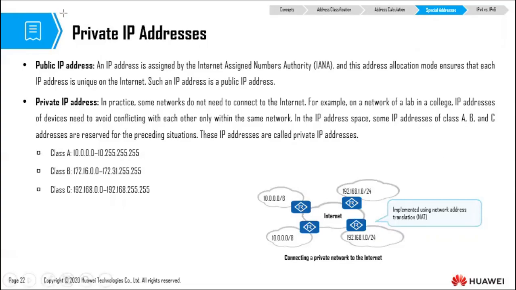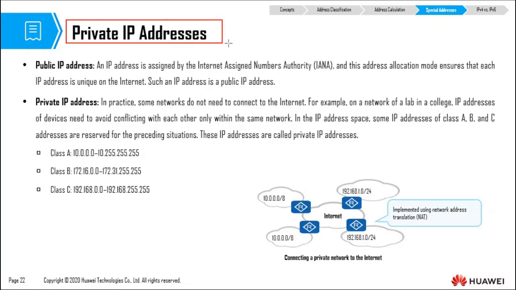In order to reduce the rate of depletion of IPv4 resources, they had to introduce some measures. One of those measures was to introduce what we call private IP addresses.